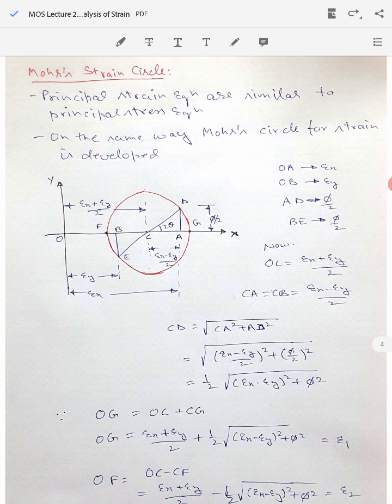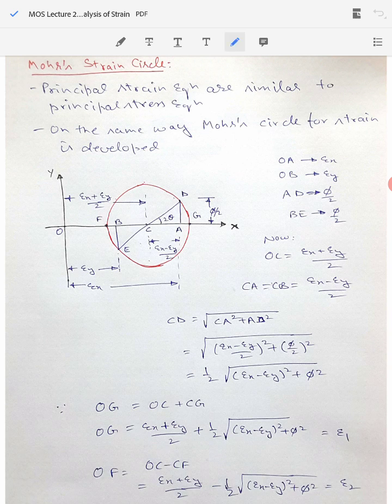If you look here in this figure, we will plot the value of OA, this point A from the origin, as epsilon x. We will plot the value of OB as epsilon y. Then we will draw a perpendicular at point A and point B. First we will locate the center of A and B, that is (epsilon x plus epsilon y) by 2 from the origin.